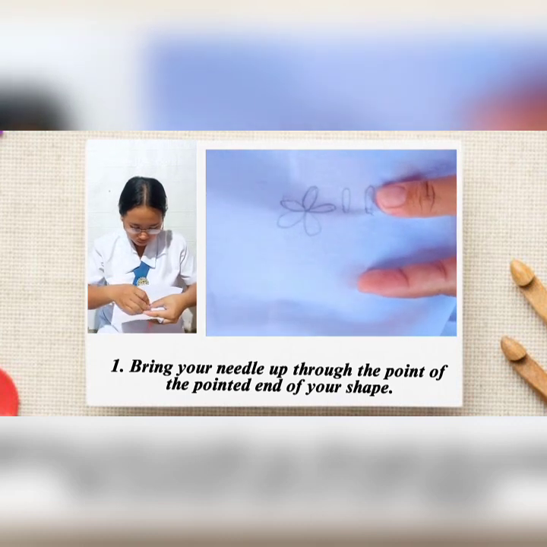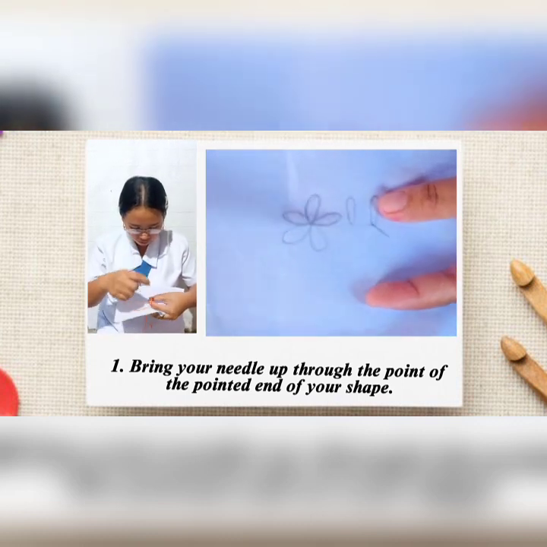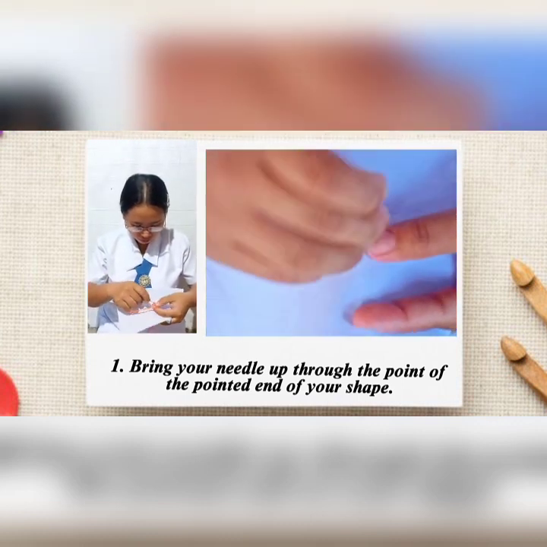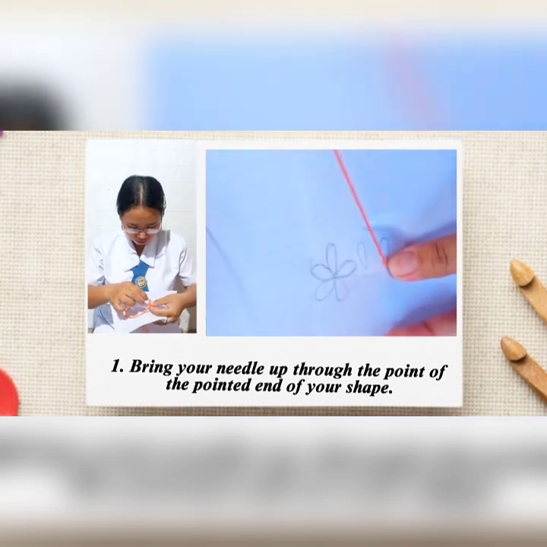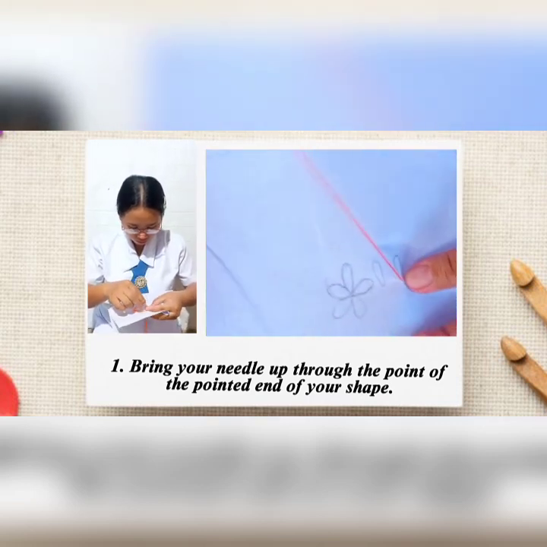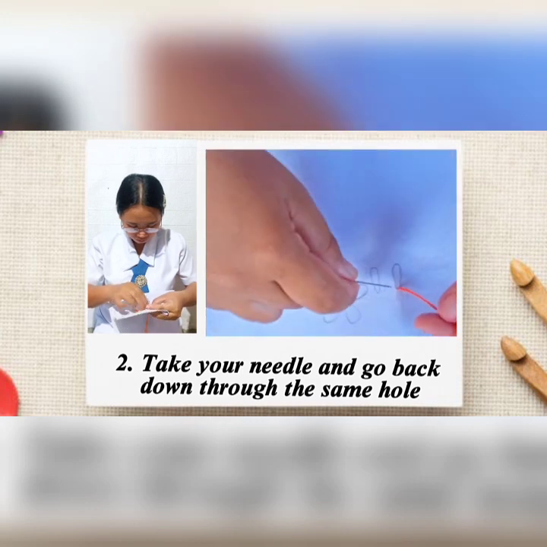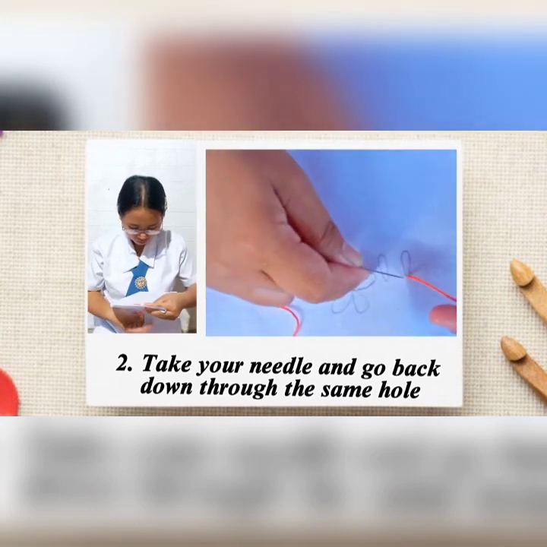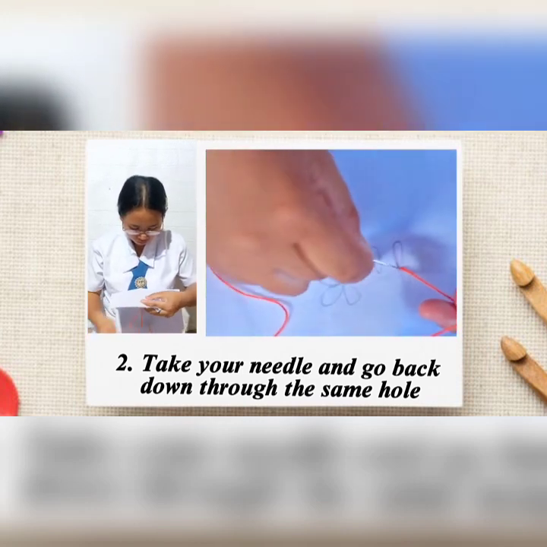First, bring your needle up through the point of the pointed edge of your shape. Second, take your needle and go back down through the same hole.